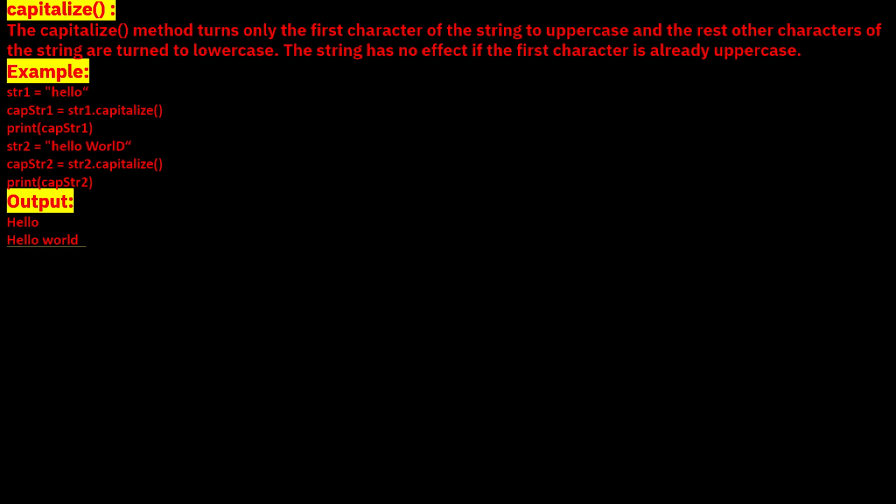Capitalize. The capitalize method turns only the first character of the string to uppercase and the rest of the characters of the string are turned to lowercase. The string has no effect if the first character is already uppercase. Example. str1 is equal to hello.